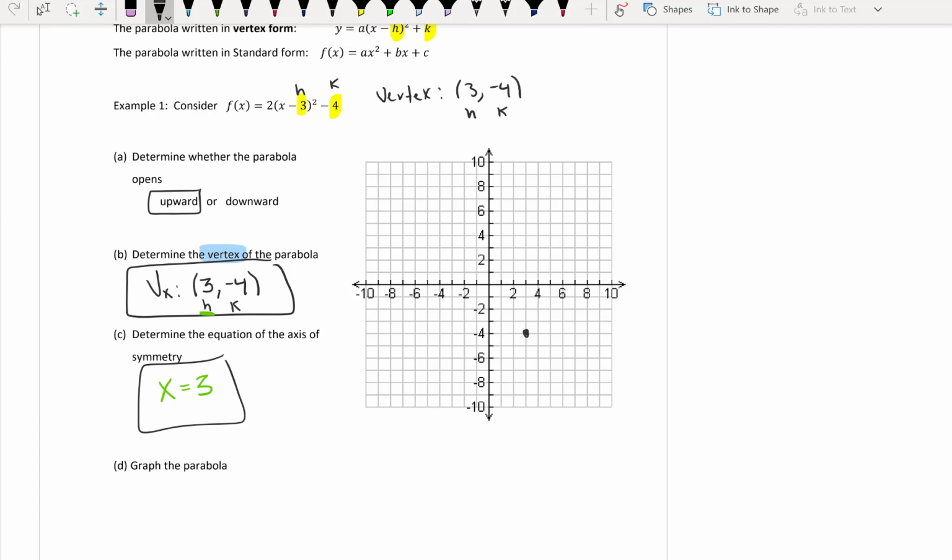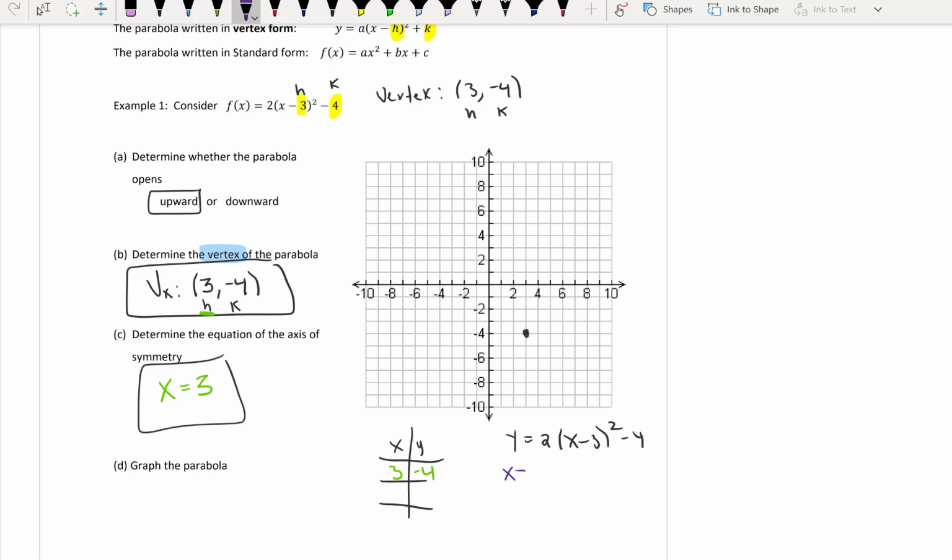And so if I have some x and y values that I can plug into this equation, well, at the very least, I know I have 3 and negative 4. So if I have y is equal to 2 times x minus 3 squared minus 4, let's plug some values in.